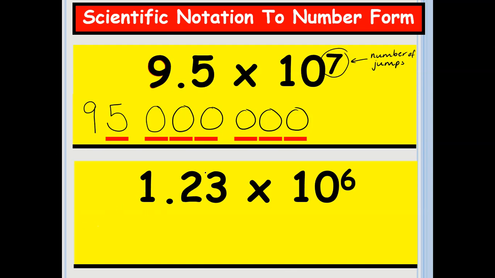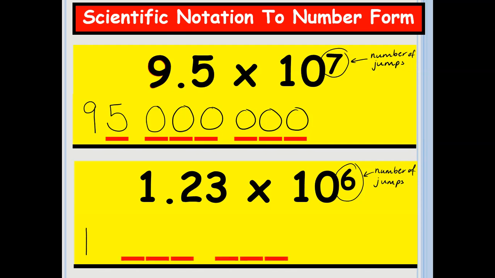If we look at 1.23 times 10 to the power of 6, again, I know that 1 has the highest place value, so I'm going to write the 1 first. I've got power of 6 this time, so that is going to be the number of jumps that I have.